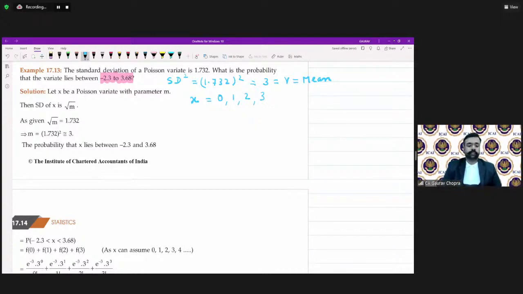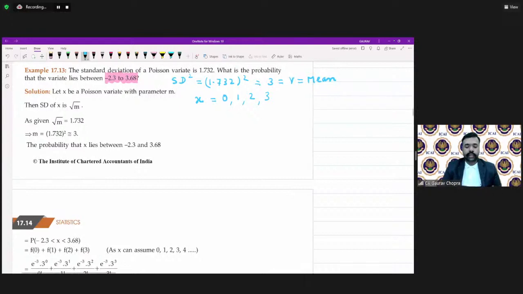Now we can solve this question by using our formula for probability. So P of x is equal to e to the power of minus m, m to the power of x divided by factorial x. So let's apply this formula.